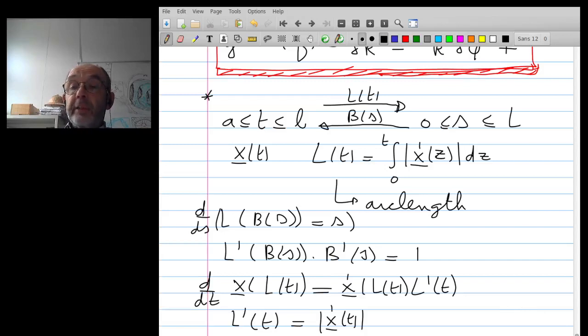And so we have that the derivative with respect to s of x(s) becomes equal to the derivative of x divided by the derivative of L of t, divided by its length.